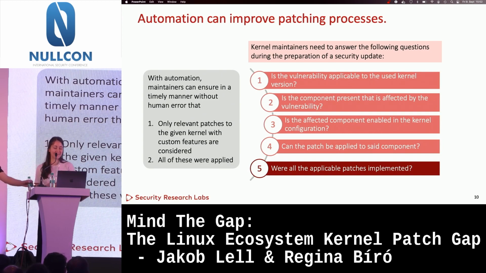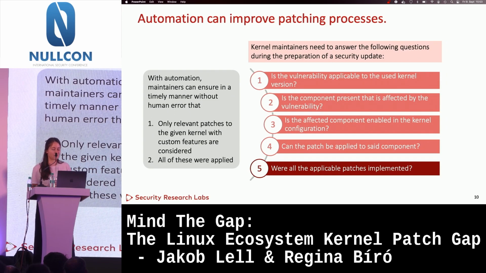So, we have a couple of questions that our tool logic is also following. The first is: is the vulnerability applicable to the used kernel version? If yes, then is the component affected by the vulnerability present in the kernel? And finally, also very important, is this affected component actually enabled in the kernel config, because if not, you don't need to spend effort on that.